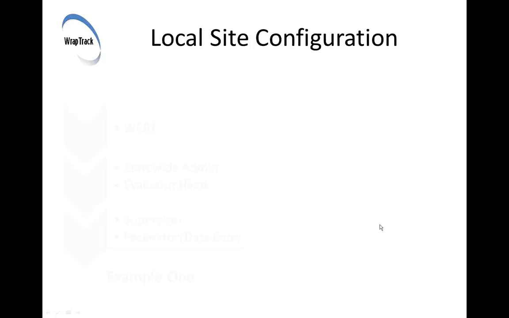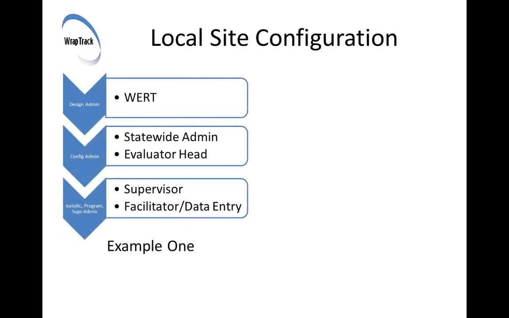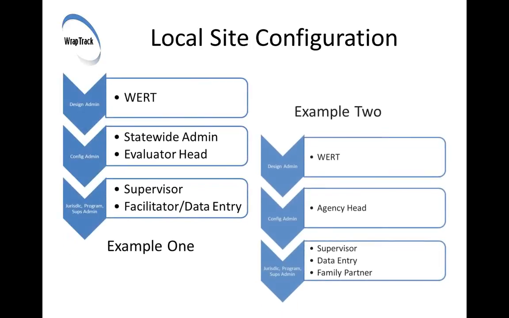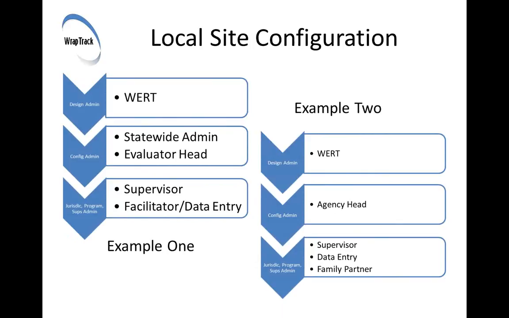Okay. So here's just a few examples of different ways that folks have done that. But I have a feeling you guys are pretty knowledgeable about the tiers or levels of users that you'll have, but here's just a couple examples otherwise.